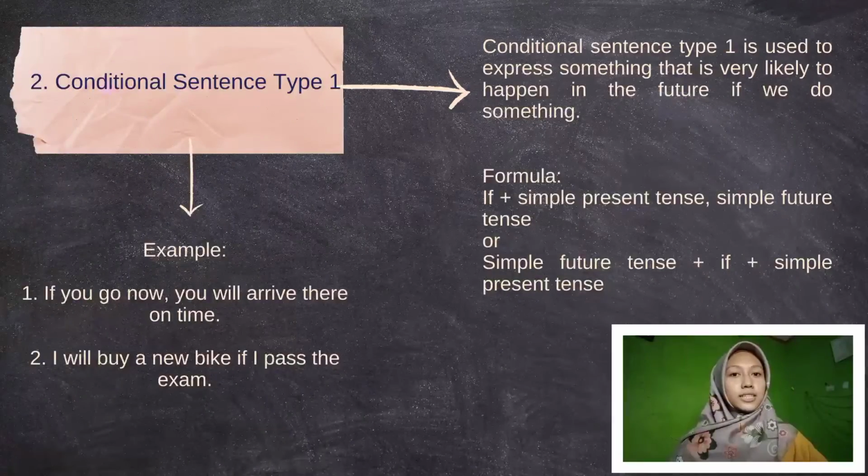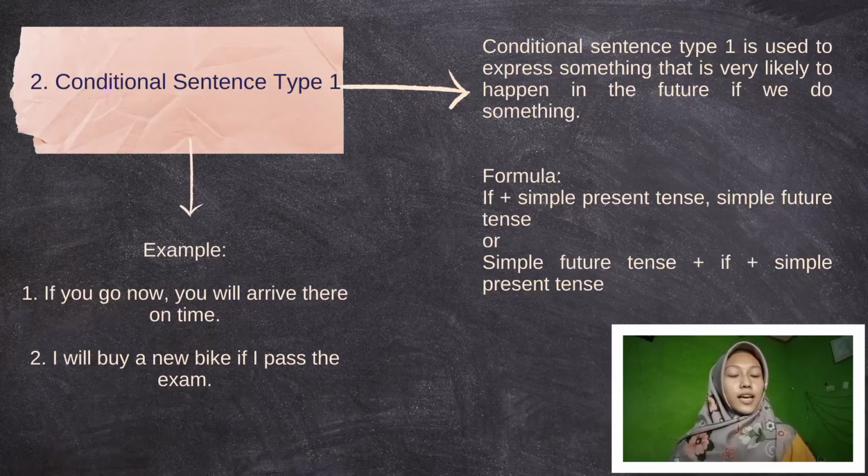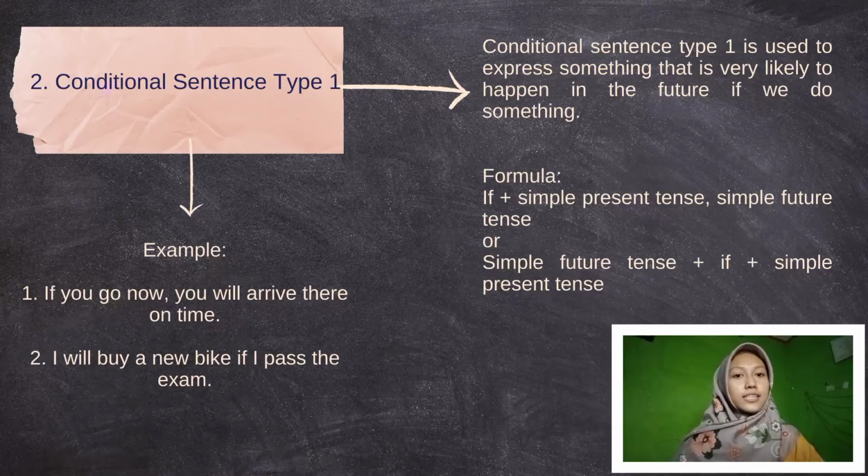The second type is conditional sentence type 1. This conditional sentence is used to express something that is very likely to happen in the future if we do something.